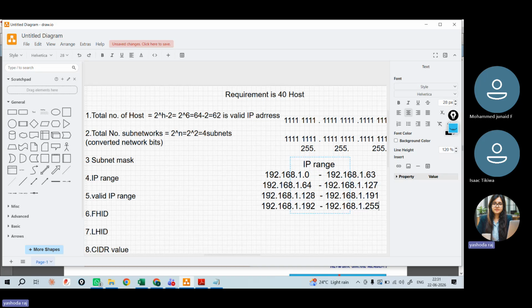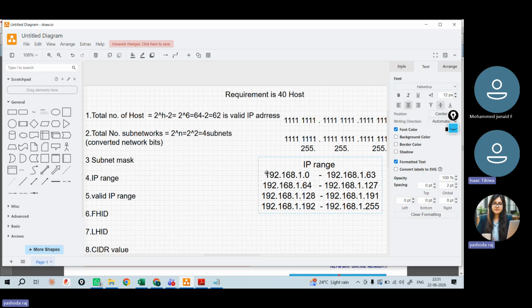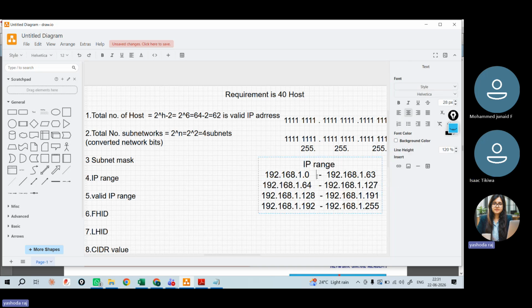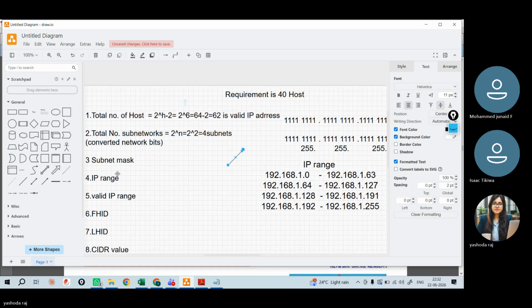Did you understand this? So this is the first network. How many IPs we got here? 64. Total number of hosts we got in each network, that is 64. Here I am getting 64 IP addresses, here 64 IP addresses, here also 64 IP addresses. This is the IP range. Clear? Yeah, clear.